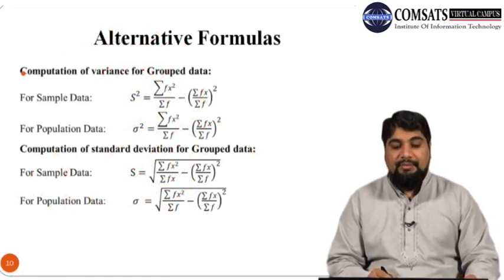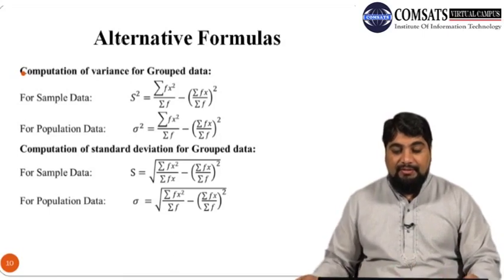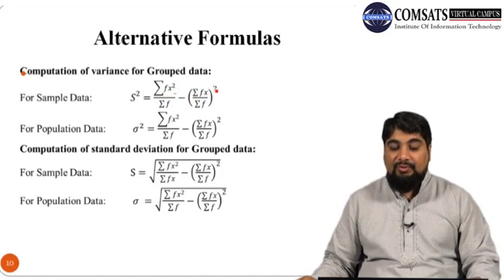Similarly, we have alternative formulas for grouped data as well. So computation of variance for grouped data. For sample data, S square is equal to summation f times x square whole over summation f, minus summation fx over summation f whole square. And similarly for population data, we have sigma square equal to the same formula.